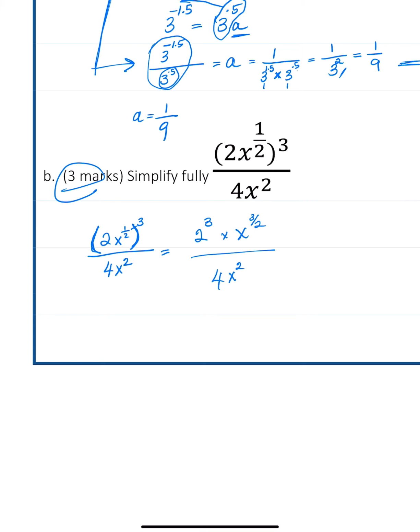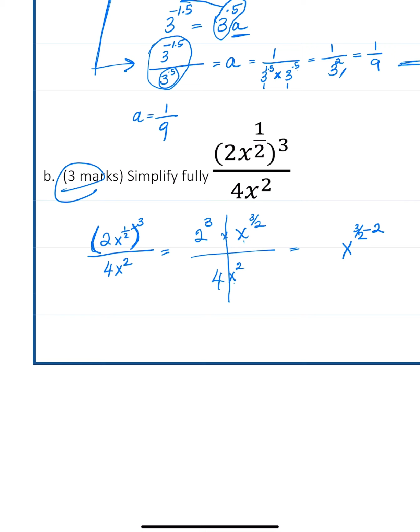Okay, we're going to divide the numbers and the x's here for a minute. Let's look at the x part. The bases are the same, so you can subtract, and remember it's top minus bottom. So we can write this as top is 3 over 2 minus 2.